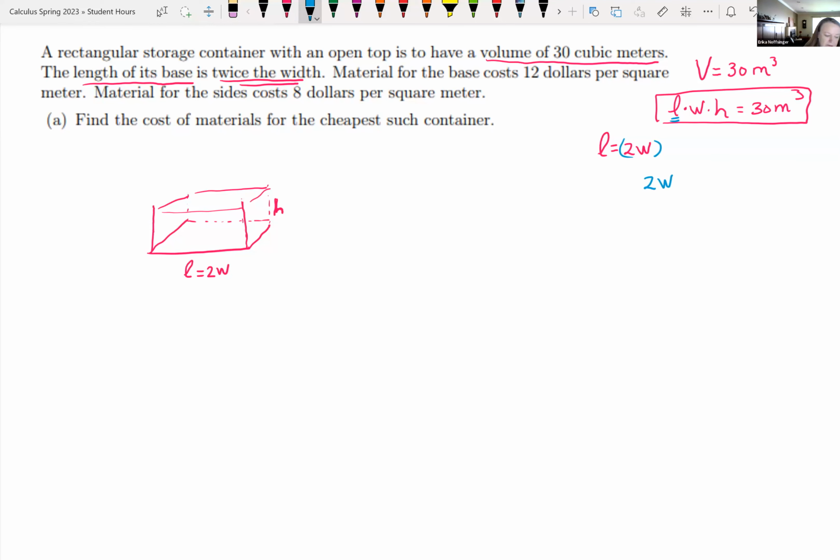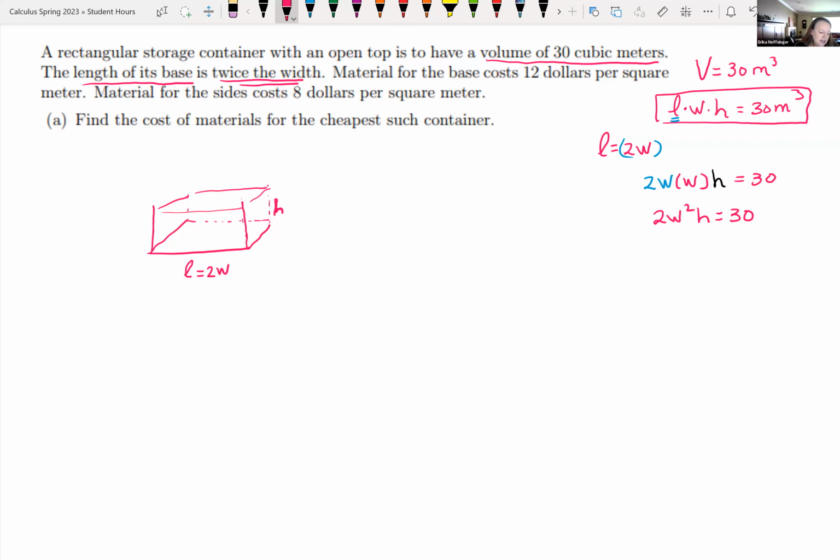So I have 2W times W times H is equal to 30. So I have 2W squared times H equals 30.